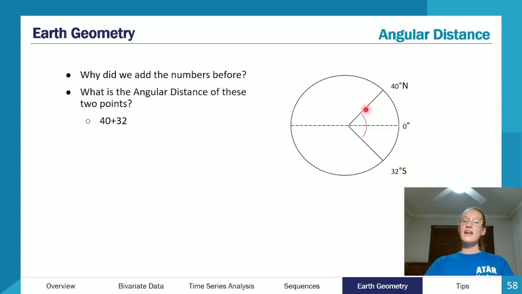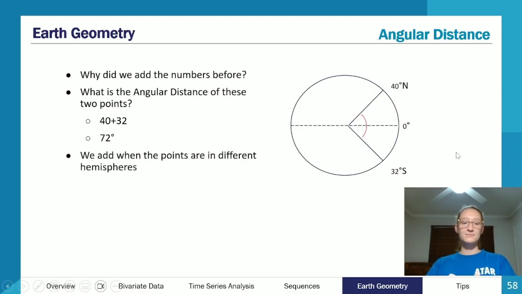To get it here, I want to find out what this is in degrees. Because this is 0 degrees, and I know from angle knowledge that this is 40 degrees elevation, so this is 40 degrees. And I know that this is 32 degrees. If I add these two together, then that whole section in there is 72 degrees.